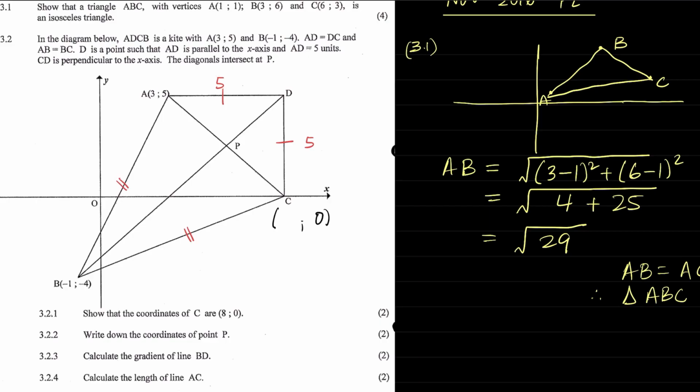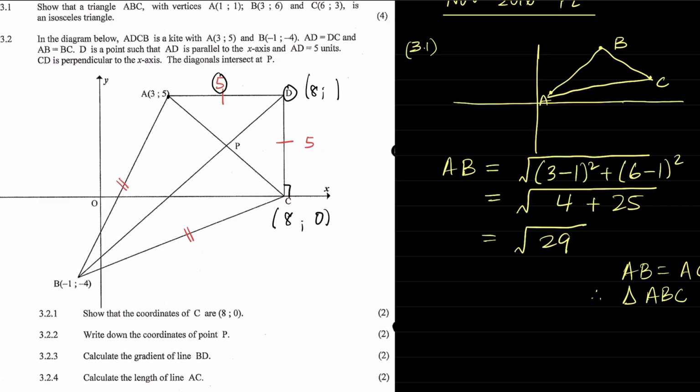So if this point has an x-coordinate of 3, if we move 5 units to the right to get to D, D and C are going to have the same x-coordinate because CD is perpendicular to the x-axis. So in other words, D is going to have an x-coordinate of 8 and something. And because of that, C is also going to have an x-coordinate of 8.